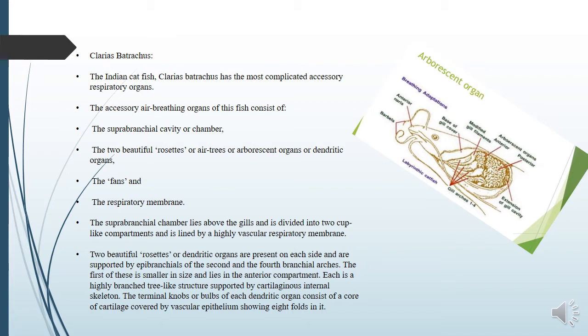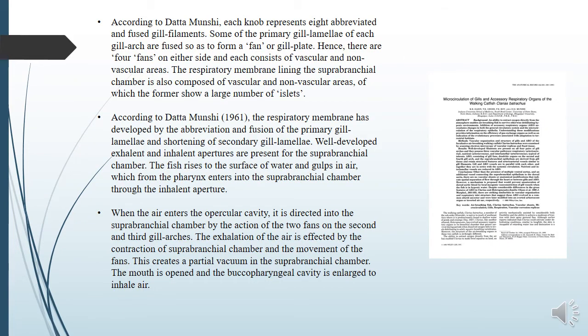The terminal knobs or buds of each dendritic organ consist of a core of cartilage covered by vascular epithelium showing folds in it. According to Datta Munshi, each knob represents abbreviated and fused gill filaments.